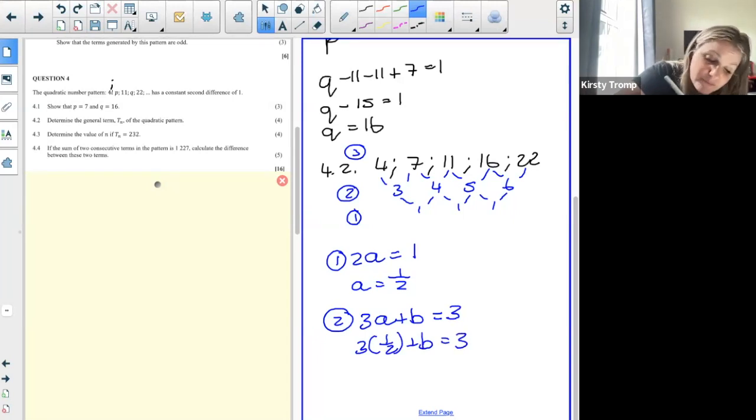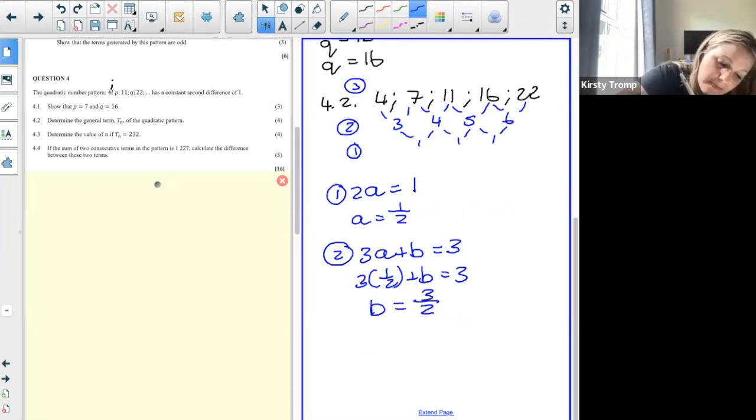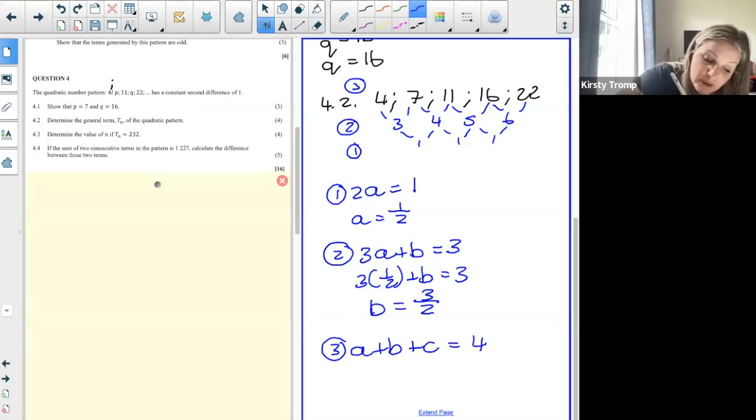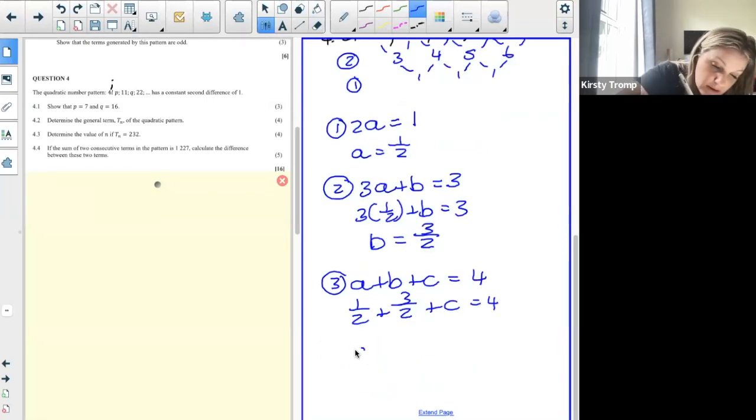Take that across to the other side, and I get B is equal to 3 over 2. And number 3, A plus B plus C equals 4. I know what A is, it's a half. I know what B is, it's 3 over 2. I don't know what C is, and the total is 4.